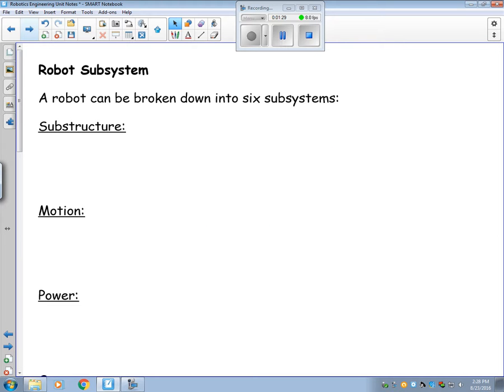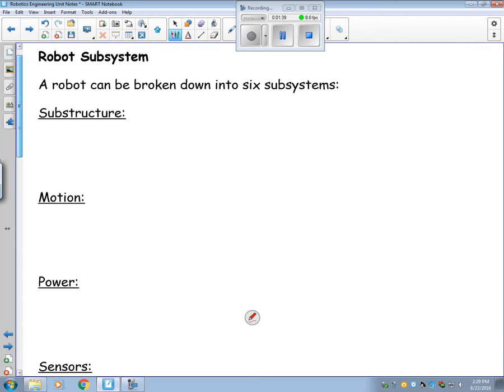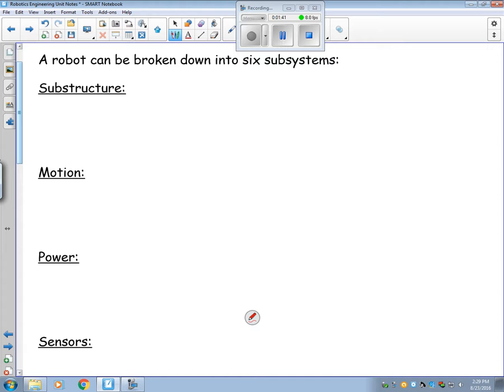So now for the subsystems. We can think of a robot as a collection of 6 subsystems. So first off, we have the structure. And this will basically be all the parts that make the chassis, accumulators, manipulators, all the nuts and bolts and screws and fasteners and everything.